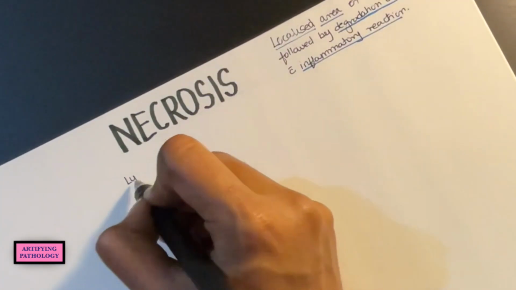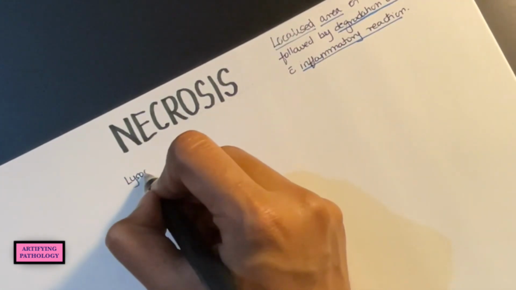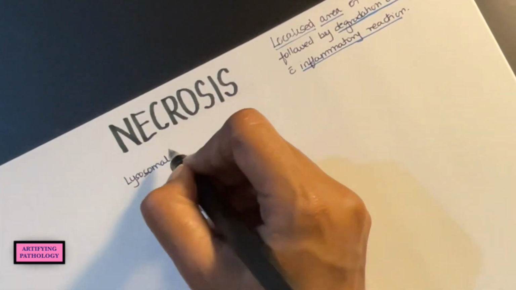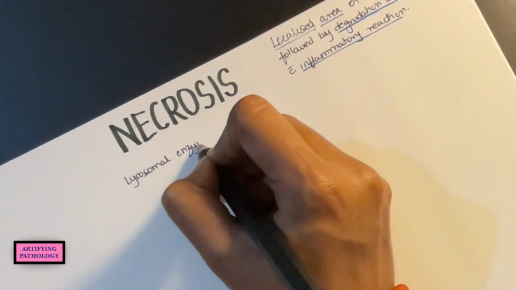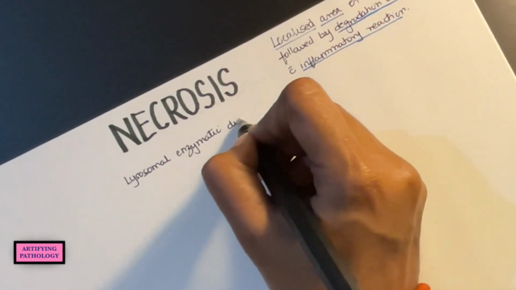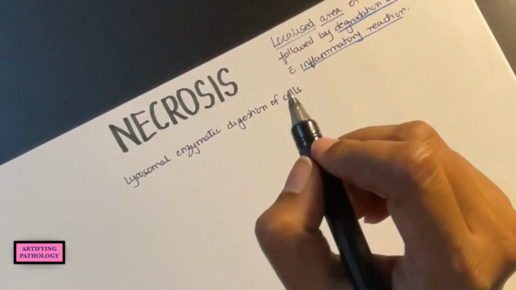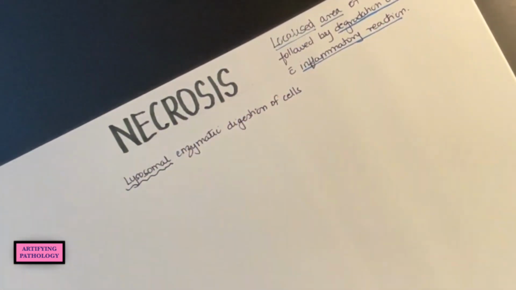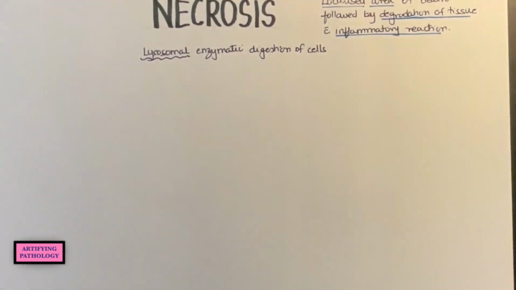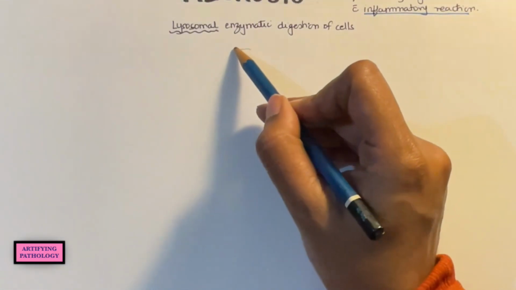The general features. Now in necrosis, there is lysosomal degradation of the cell. Now whenever there is any digestion which is happening in the cell, it is done by the lysosomal enzymes, right? So these lysosomal enzymes are present in the lysosomes of the cell which is going to die or which is going to get necrosed.